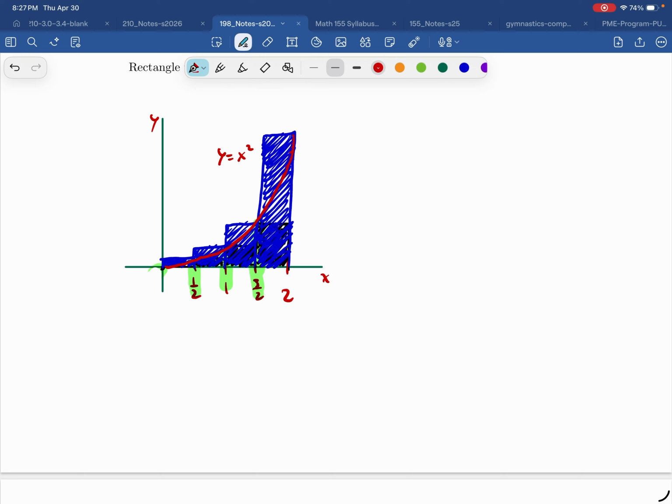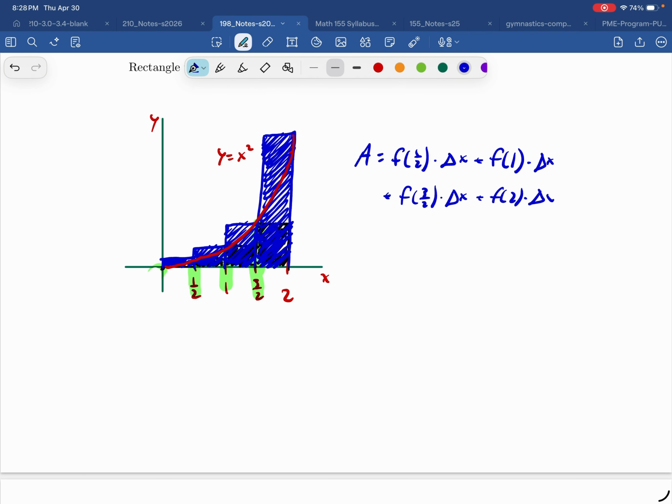Okay, so in this case, the area under the curve is just height times width, right? That's all it is. So it's going to be f of 1/2 times delta x plus f of 1 times delta x plus f of 3/2 times delta x plus f of 2 times delta x.